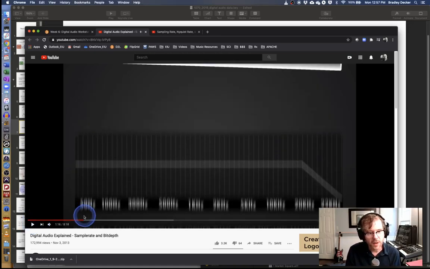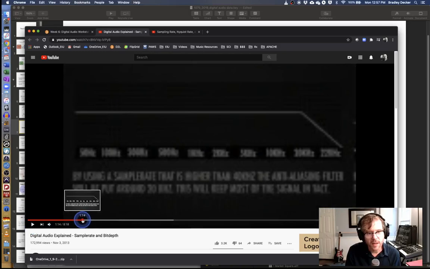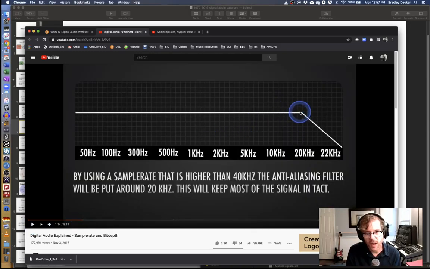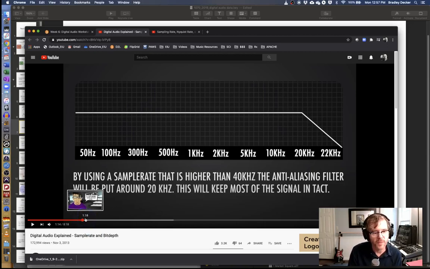Basically, to get the best fidelity of sound from this sample rate, we gradually attenuate the incoming signal, rolling off at 20 kilohertz, to decrease the amount of aliasing, or basically audio issues that occur when your sample rates do not align.